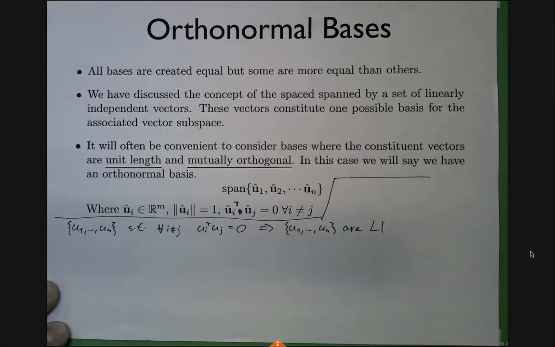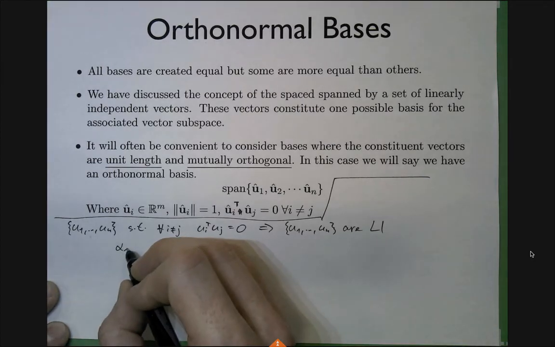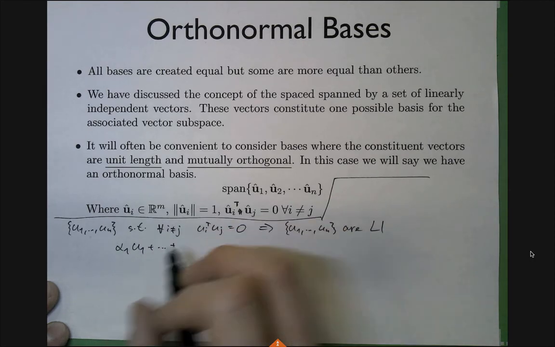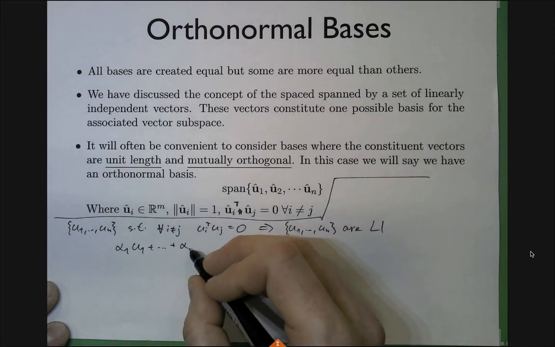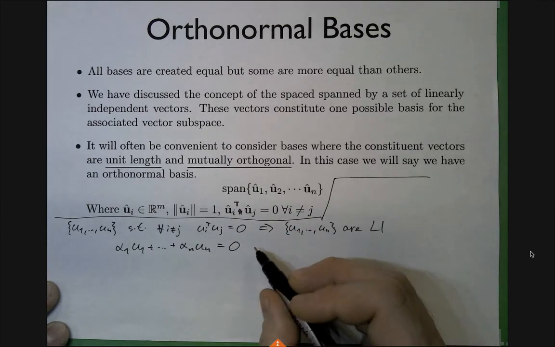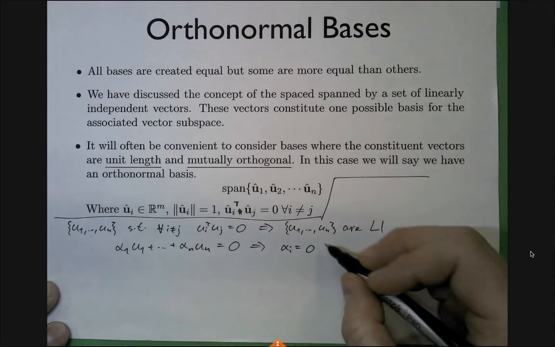So how do I prove this? Well, what do I need to prove? Linear independence means that if I take a linear combination of the vectors u1 to un which gives me 0, then that implies that all the alphas must be zeros.